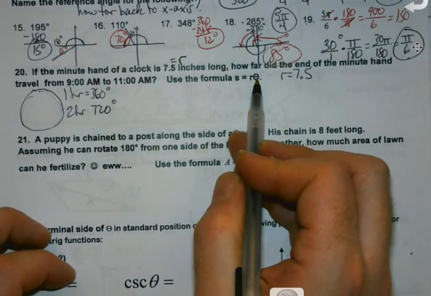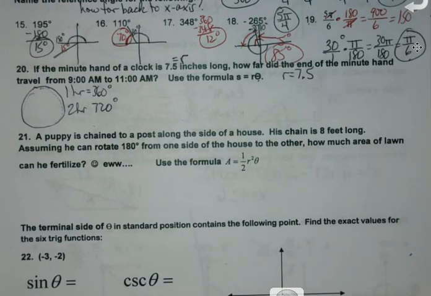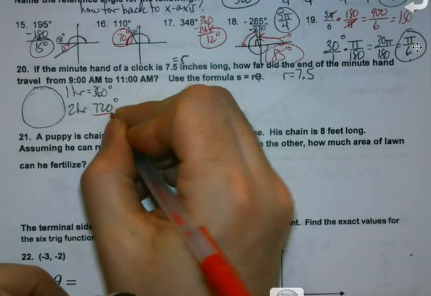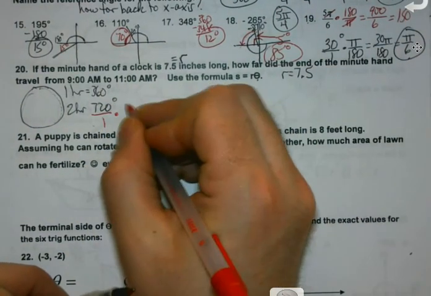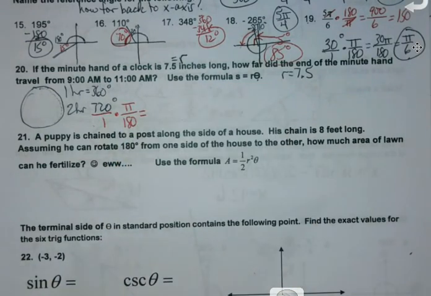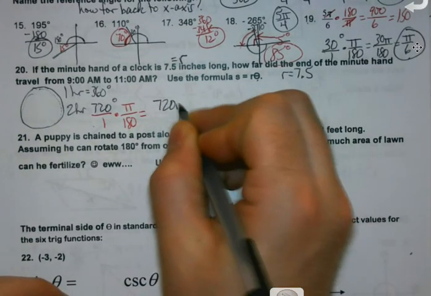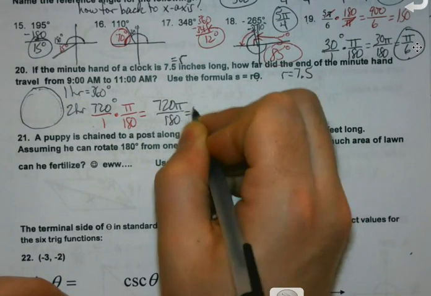But my angle measure, whenever we're using the formula, has to be in radians. Ooh. So when I turn this back into radians, because that's what I do, I get 720 pi over 180, which is 4 pi.